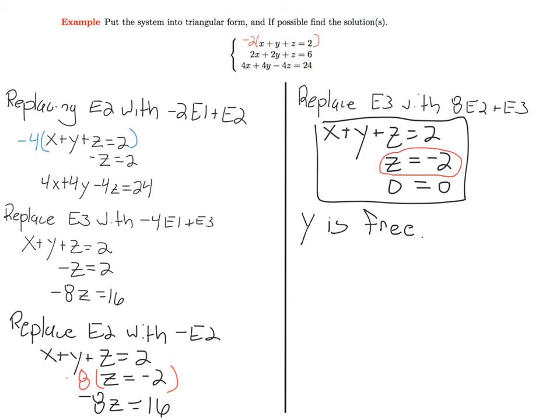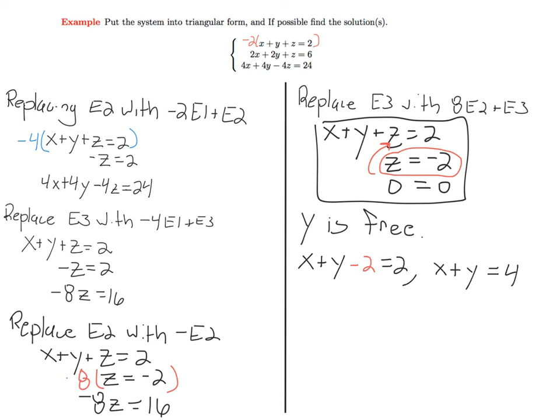And I could take this and plug it into the first equation to see what that tells us about x and y. So the first equation would then become x plus y, z is minus 2, equals 2, which means x plus y is equal to 4.